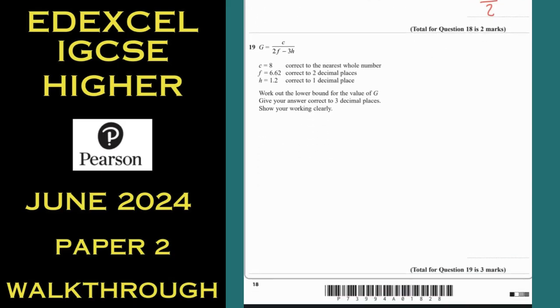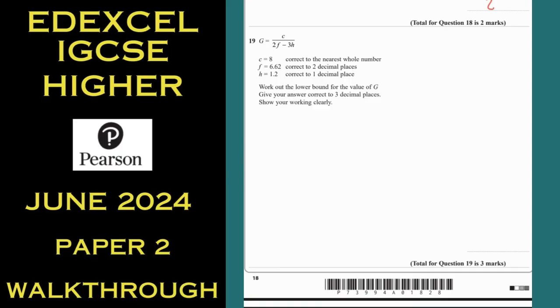Number 19. So 3 digits all been rounded off. Let's go for C. 8, nearest whole number. Let's go up and down by half a whole number. F is 2 decimal places. Let's go up and down to the 3rd decimal place.